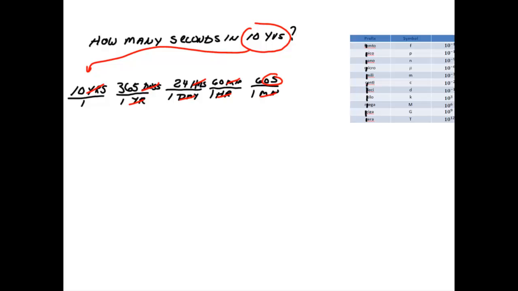So on a calculator, all we have to do is 10 times 365 times 24 times 60 times 60.